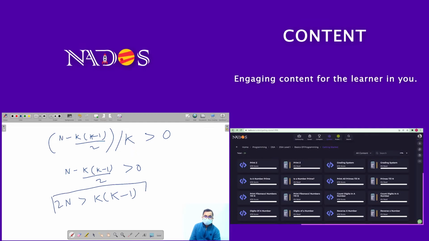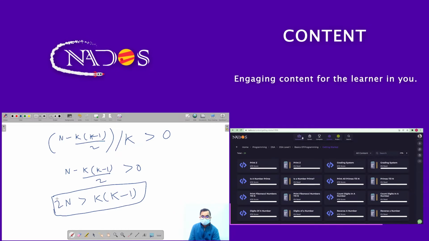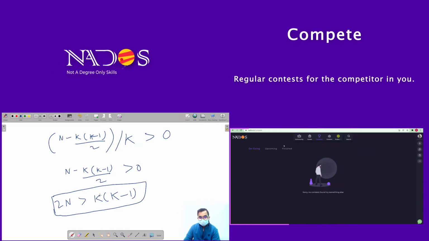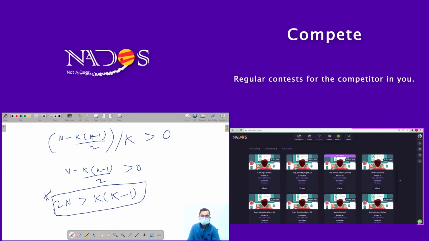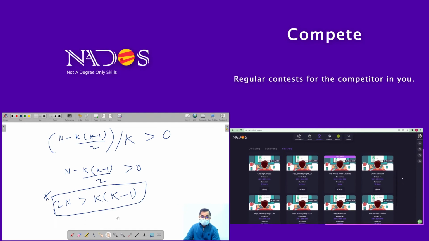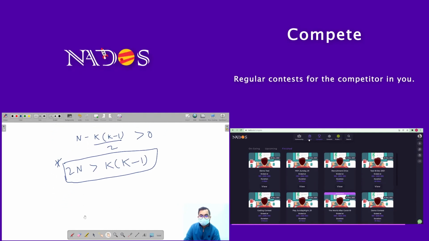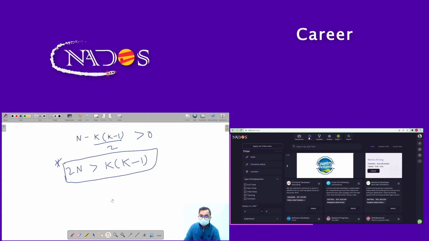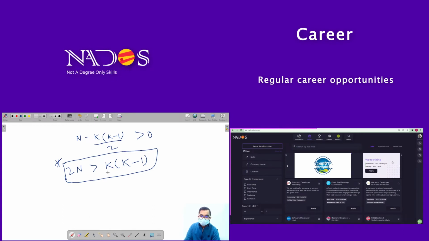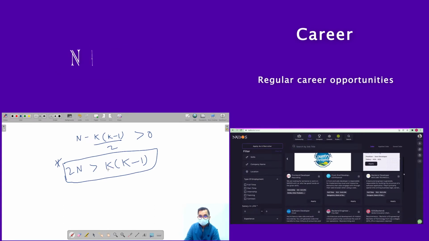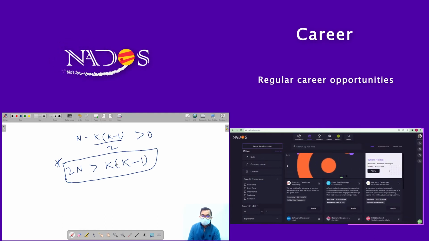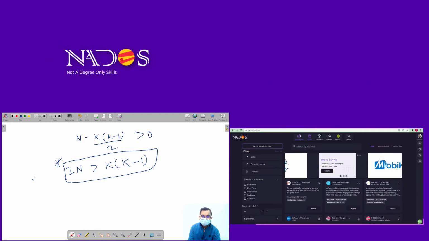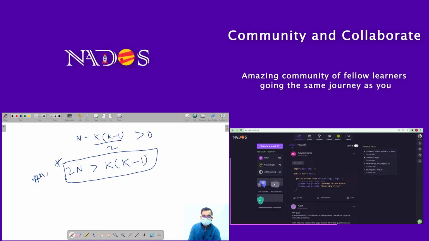Now we have an equation in which we have only k, and everything else is already known. With this we can at least create a condition: k times (k minus 1) should be less than 2n. This is the equation telling me the upper limit of k.